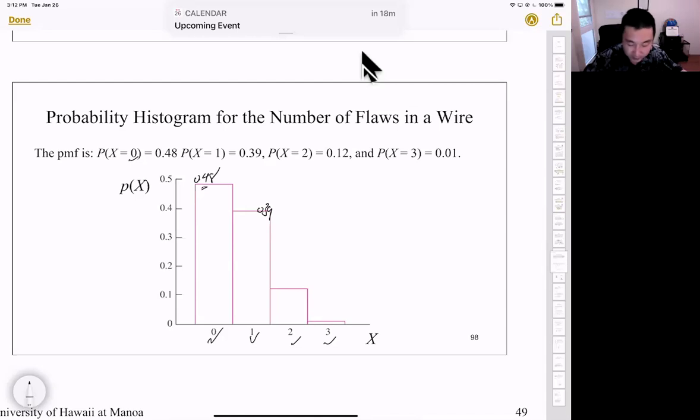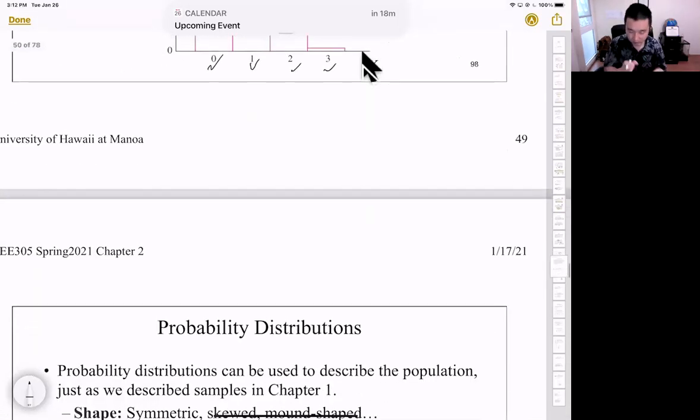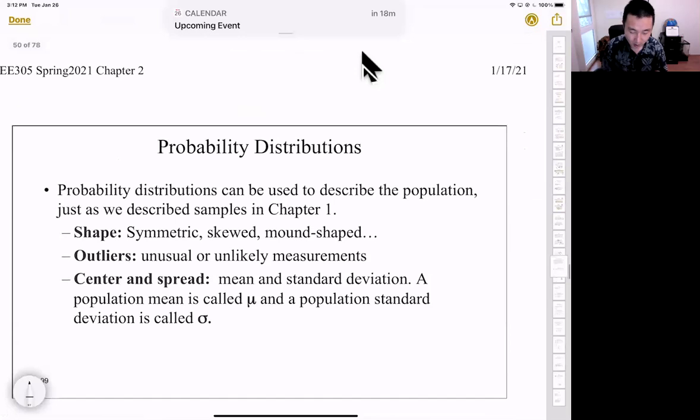Based on the probability histogram, we can get information such as the shape of the distribution, whether it's symmetric or skewed to the left or right, like in this example. Or whether there are any outliers, which are values much larger or much smaller than typical values. And also the center and the spread.